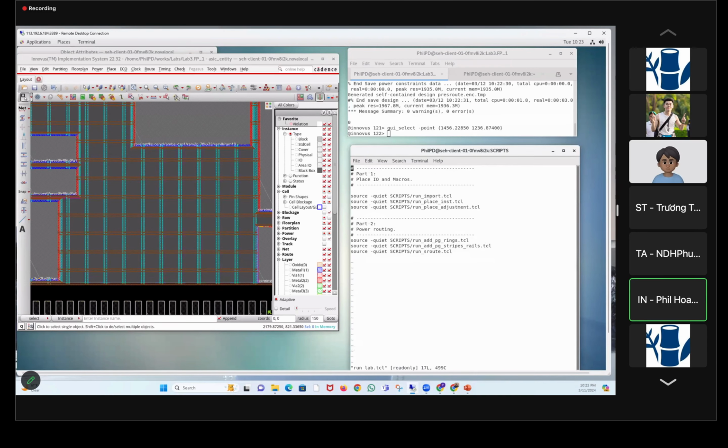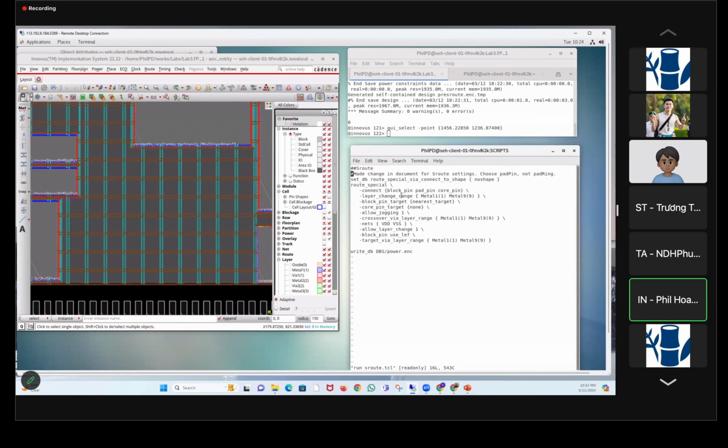And then you do sroute, special route. So what is it? In here, we didn't cover it yet, but basically it's a command called route special. It's a special router. It's not the placement router, but it connects all the block pins, pad pins, and core pins together. So I guess the attributes that they put on when we have the cover are used here.